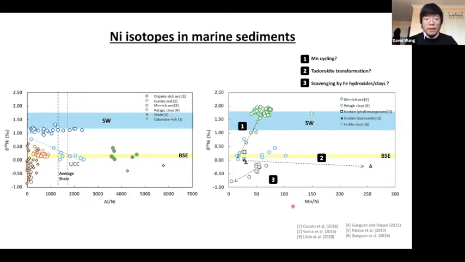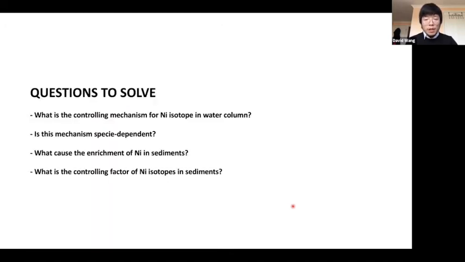And I think the study using nickel isotope as a geochemical tracer in marine sediment is still at its early stage. So more data sets are needed before we can come to a conclusion for what it really represents in the marine sediment. So there are some questions that we need to solve before we can use it as a geochemical tracer.